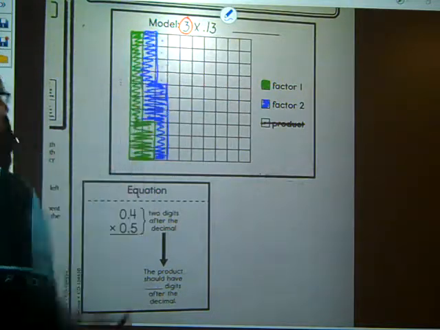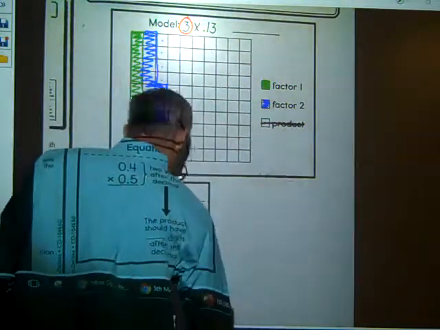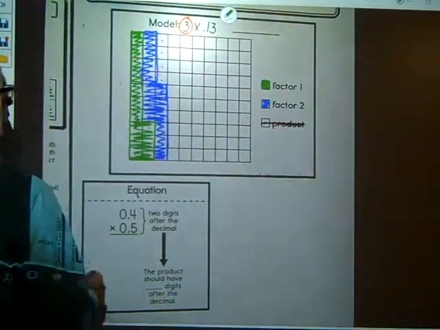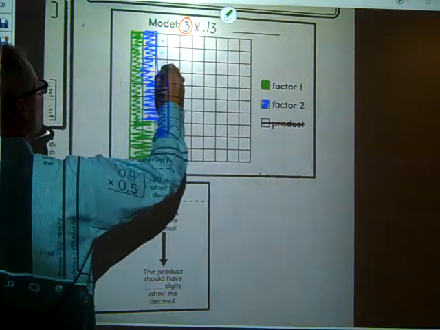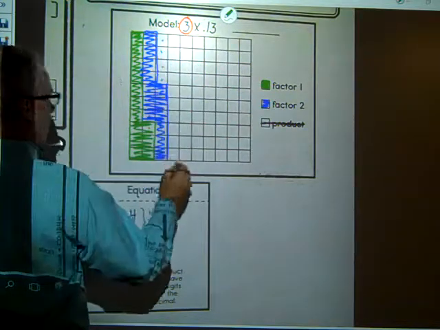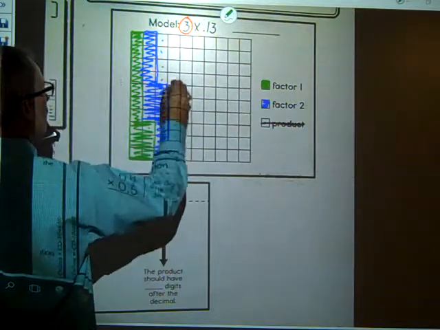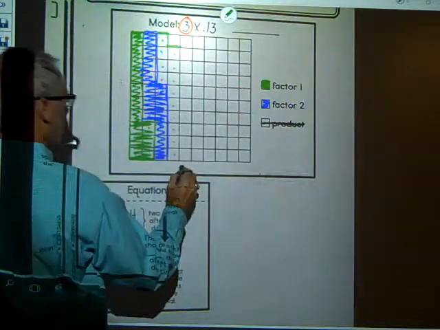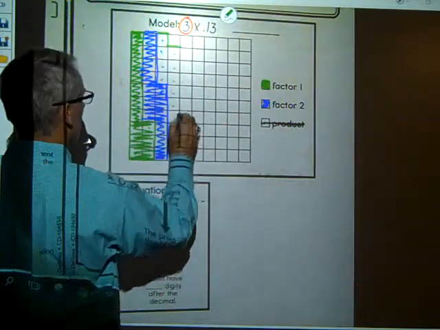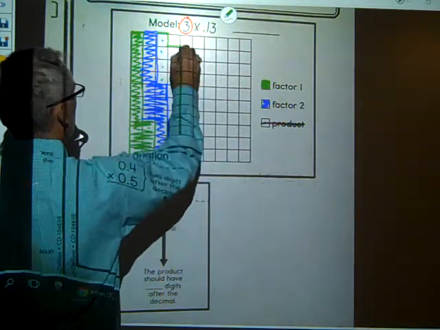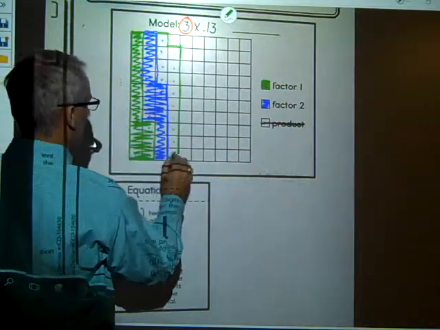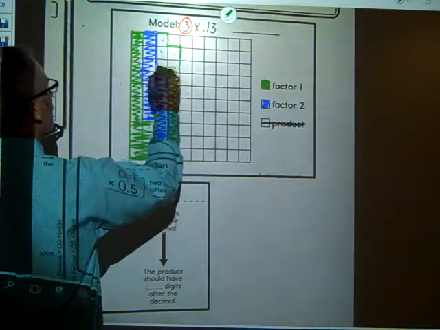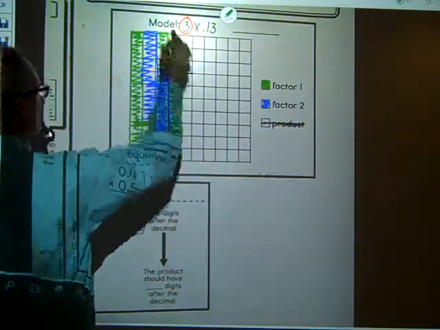So go back to your original color and shade in how many more? 13 more. 1, 2, 3, 4, 5, 6, 7, 8, 9, 10, 11, 12, 13. So now I have shaded in 3 groups of 13 hundredths.